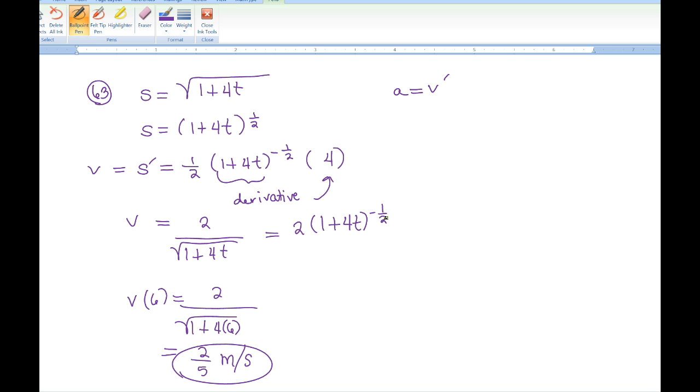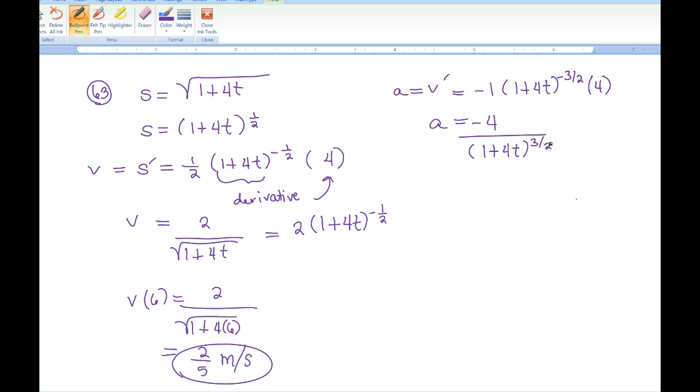So I'm going to move the negative 1/2 to the front, so that'll become negative 1, and then 1 plus 4t to the negative 3/2, subtracting 1. Times the derivative of the inside again, so times 4. So we get negative 4 over 1 plus 4t to the 3/2.